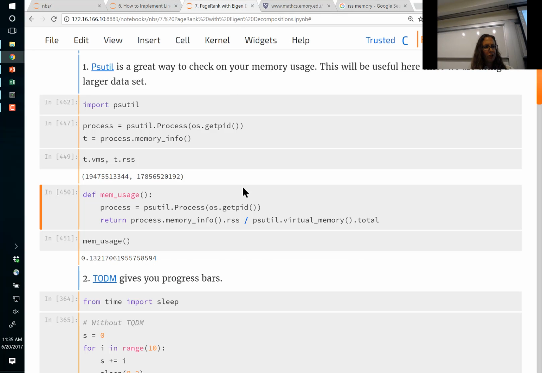We're just returning that memory divided by the total memory to get the memory usage. And so this could be a nice thing to monitor if you're having trouble with running out of memory.